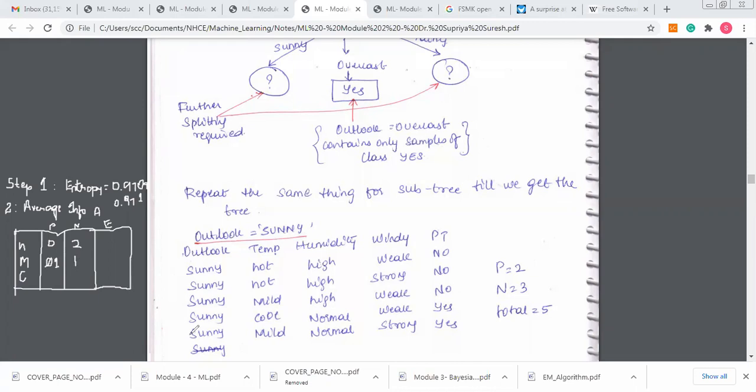Cold has 1 positive and no negatives. Am I right? Yes, ma'am. Now I want you to calculate the entropy for hot, mild and cold.